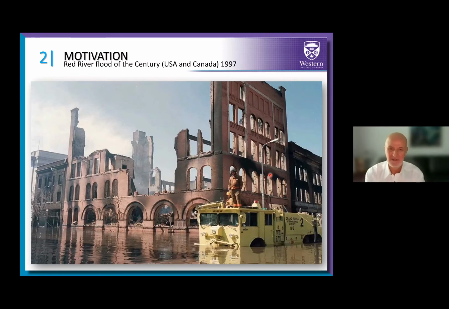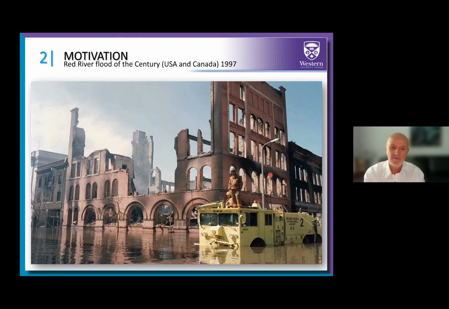The main motivation for the work that I will be presenting today is coming from this picture. This is a relatively old picture from 1997. That's the period when I lived in central Canada in the city of Winnipeg, a city that in 1997 experienced the flood of the century. This is the Red River, a very large river that flows from the United States into Canada.